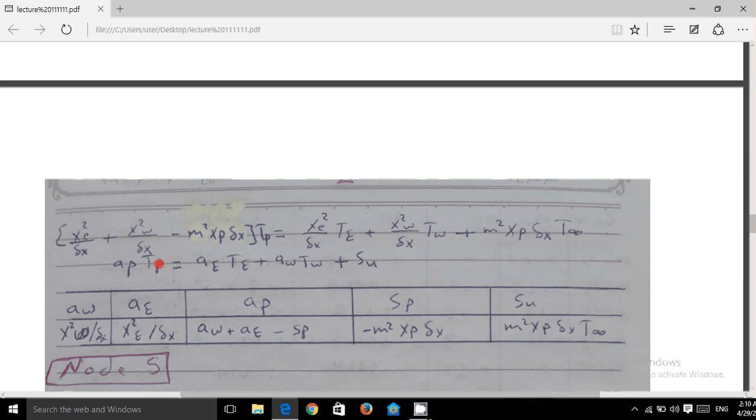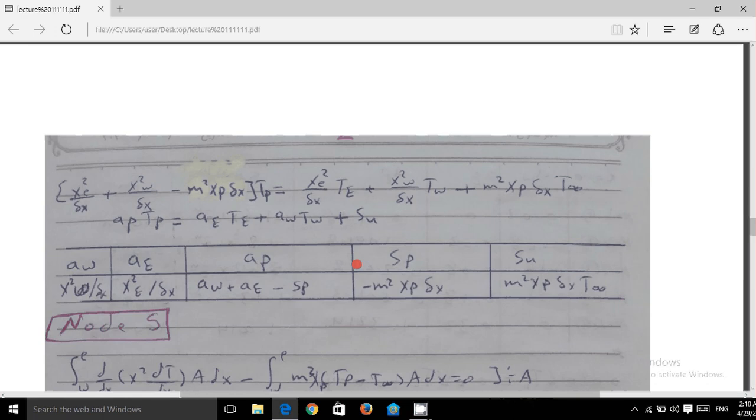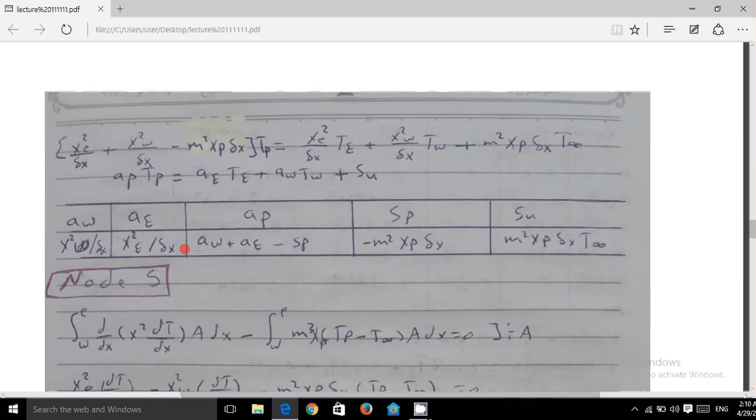a_P T_P equals a_E T_E plus a_W T_W plus the source term. a_W is equal to x squared west over delta x. a_E is equal to x squared east over delta x. And a_P.